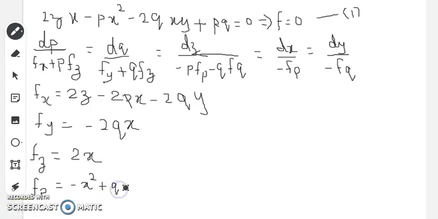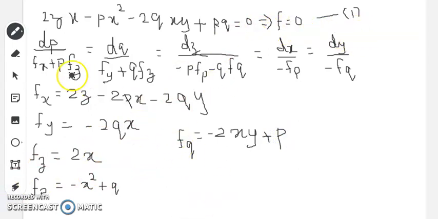Then fq is equal to, what is fq? fq is minus 2xy plus p. So these are the partial derivatives required in our given differential equation.